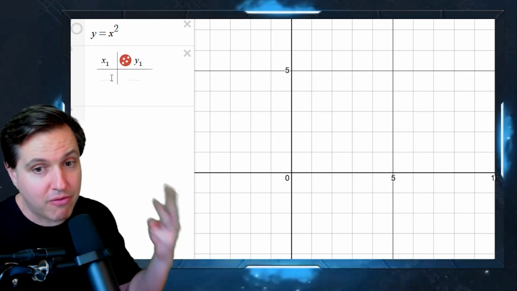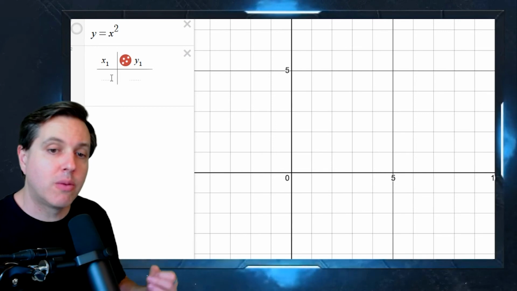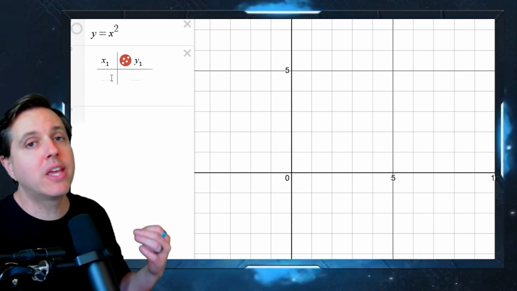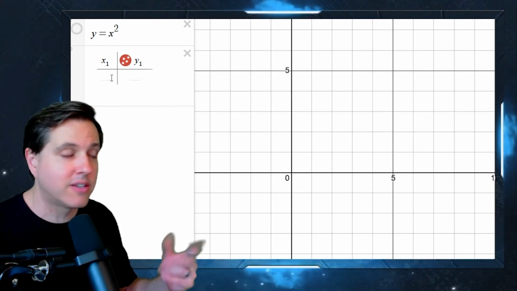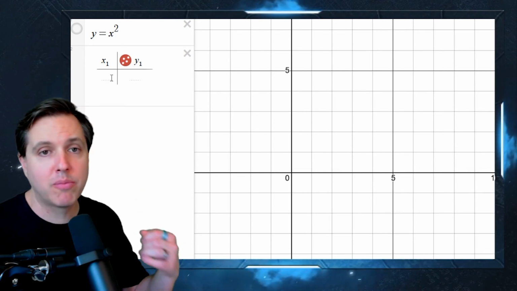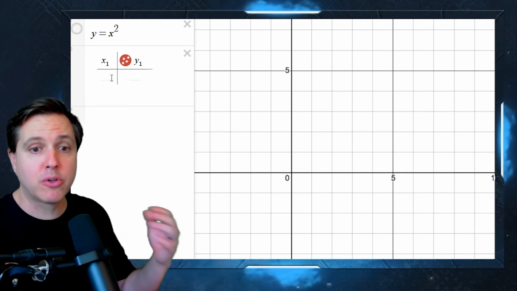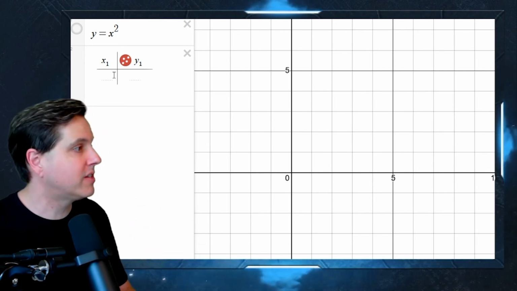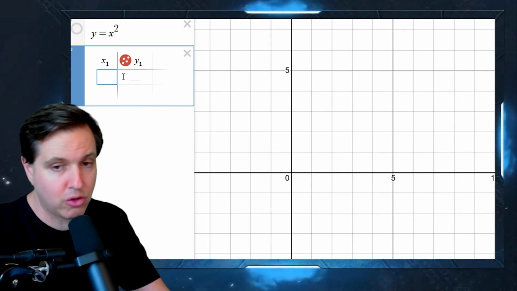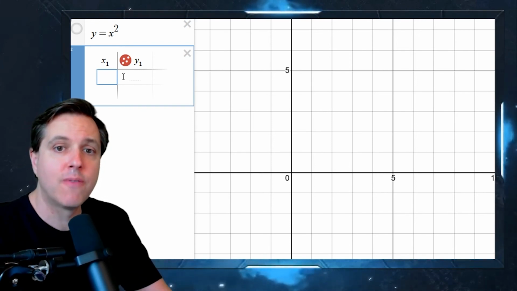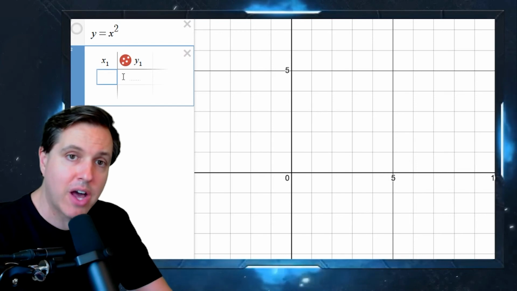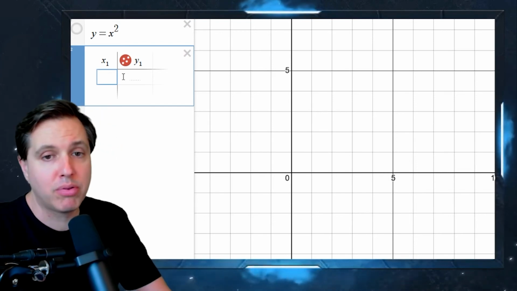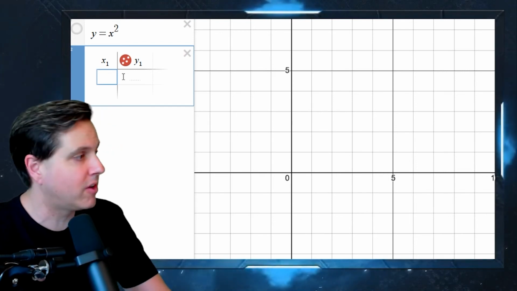It's a really good idea to graph 3 points. When you get into more complicated functions, you're generally going to have to graph more points. So you just keep graphing points until you see what the graph is supposed to look like, and then you can fill things in. You start picking some x values, and then you find the corresponding y value that goes with that point, and you keep plotting them until you think you get the hang of it.